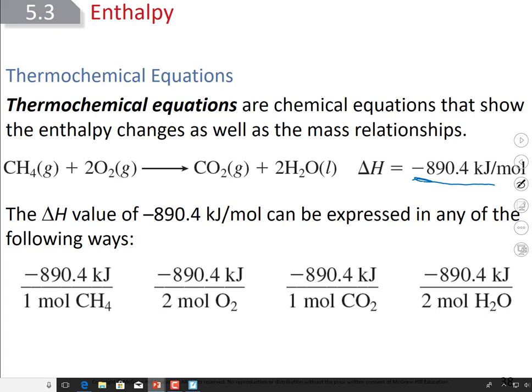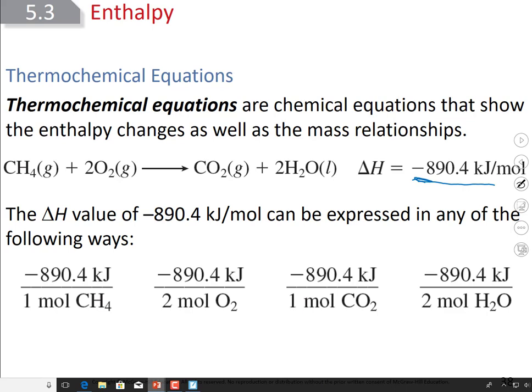This is another way of telling if the reaction is endothermic or exothermic. So this reaction, endothermic or exothermic? Exothermic. So we talked about two ways at the beginning of the class to tell if it's endothermic or exothermic. Here's a third way. If your enthalpy term is negative, like this one, you are exothermic. You are releasing heat. If it was positive, then you would be endothermic, absorbing heat.